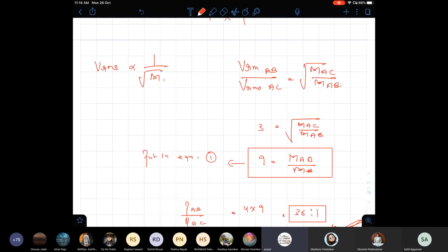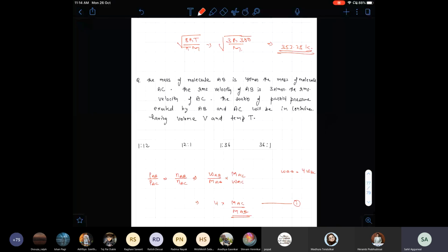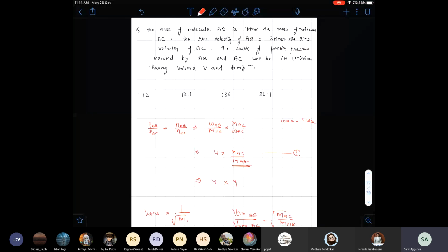Can you explain this problem again? I have lost the connection. I was saying that we have to calculate the ratio of partial pressures. Ratio of partial pressure will be equal to molar ratio, and mole is given mass upon molar mass.